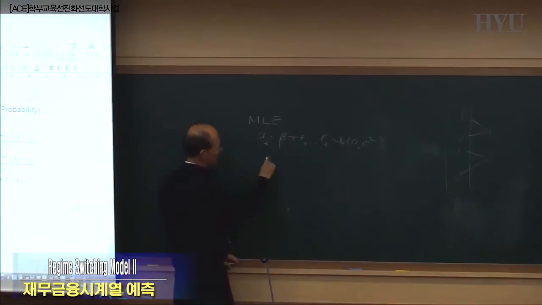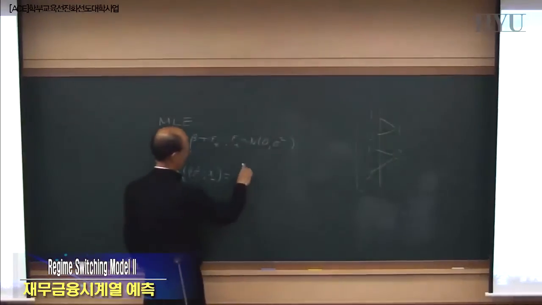Then we think about the likelihood function at time t, as 1 over square root 2 pi sigma.